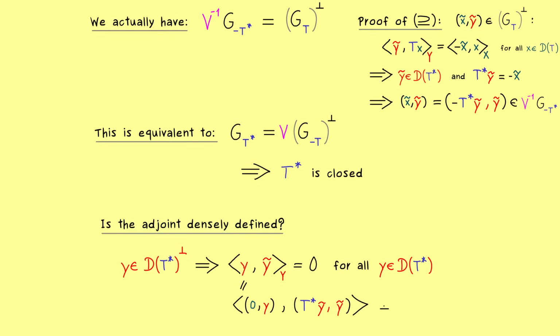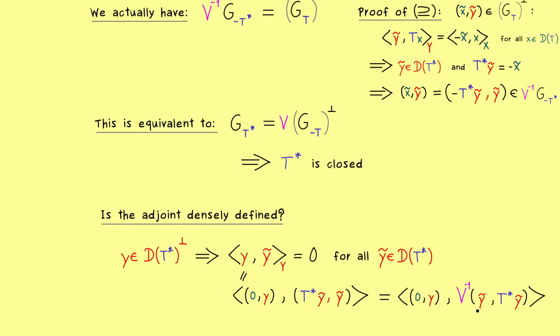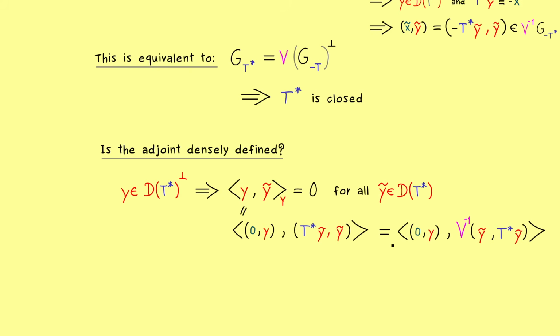And there you see, this last pair together with the V operation gives us the graph of t star. So we just have to flip it to put the pair in the correct order for a graph. And now what we see is that this inner product is equal to 0, which means that (0, y) is orthogonal to the graph of t star.